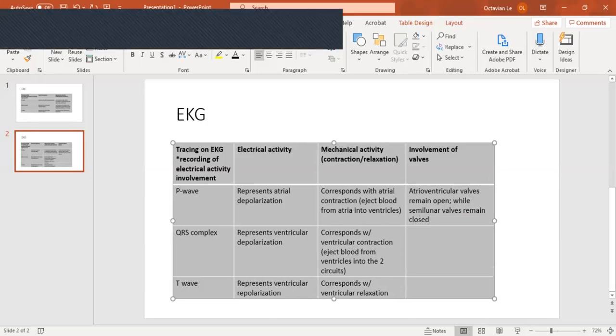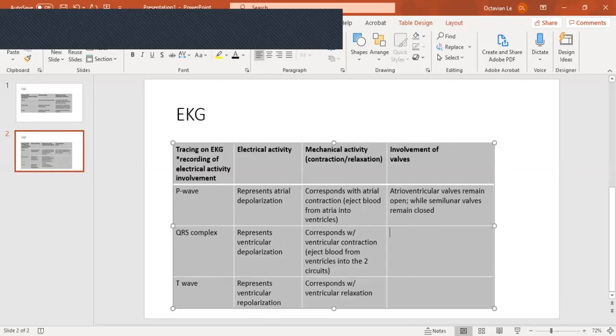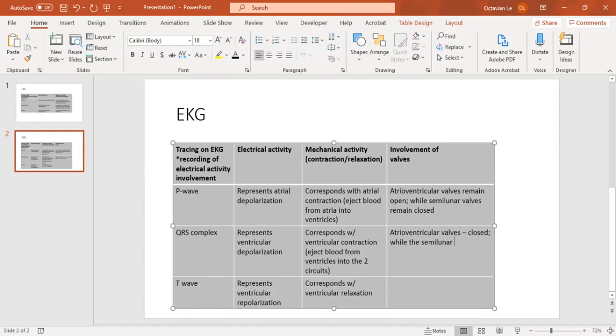Okay, very good. Let's move on to the QRS complex. In the QRS complex, the atrioventricular valves remain closed, while the semilunar valves remain open for blood ejection.